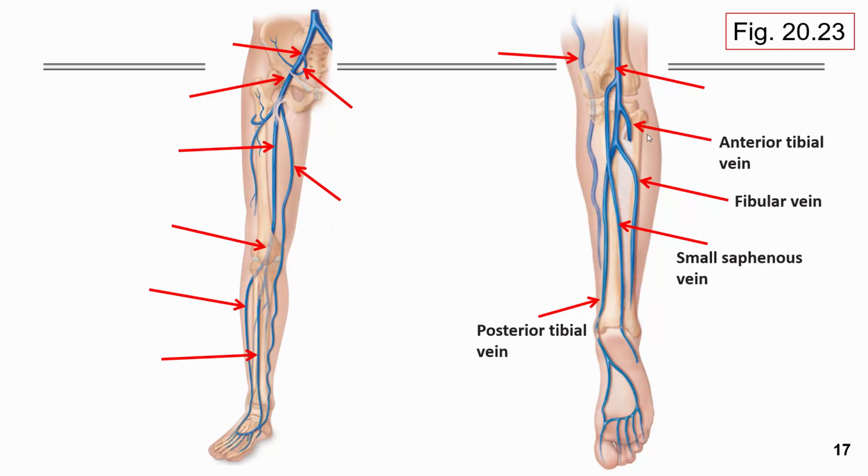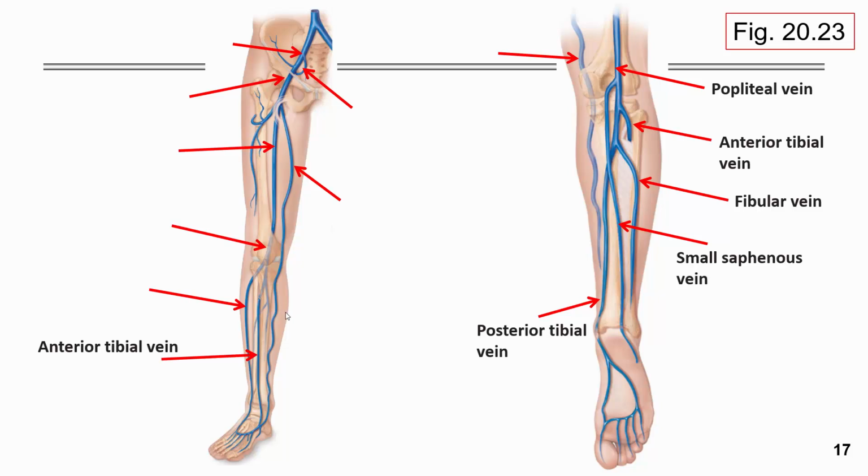Partially obscured here is the anterior tibial vein that we'll see much clearer on the left hand side, and these vessels will merge into the popliteal vein, with the exception of another vein that I'll illustrate shortly. The popliteal vein once again passes through the posterior side of the knee and will continue to move in a superior direction towards the heart.